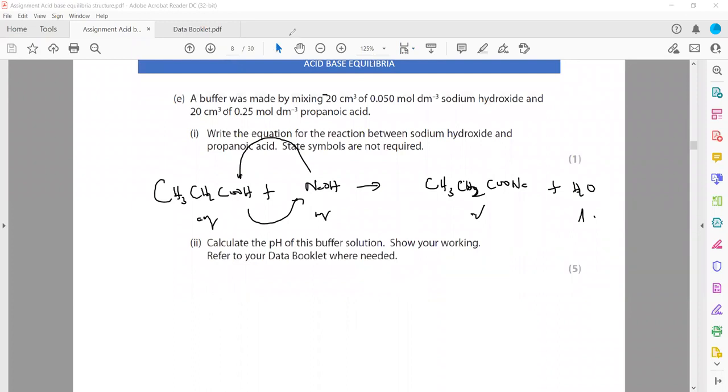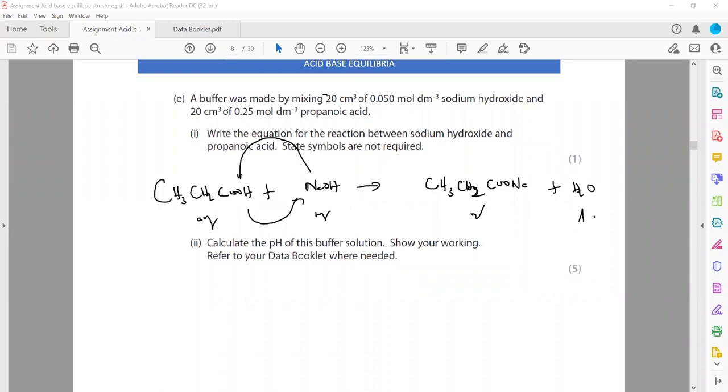Whenever you make a buffer solution from a strong acid and weak acid and its salt, or weak base and its salt, either the weak base or weak acid will be left, and the alkali or the acid which is stronger will be used up. So here, sodium hydroxide is a stronger alkali, so it will be used up.